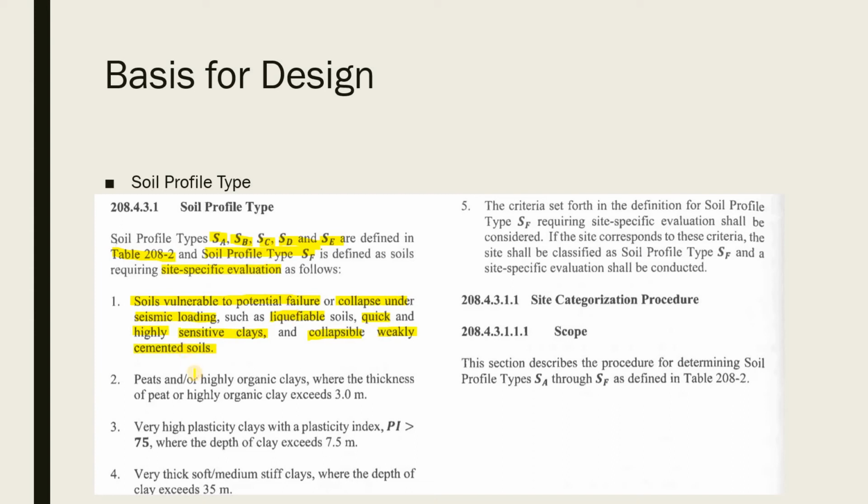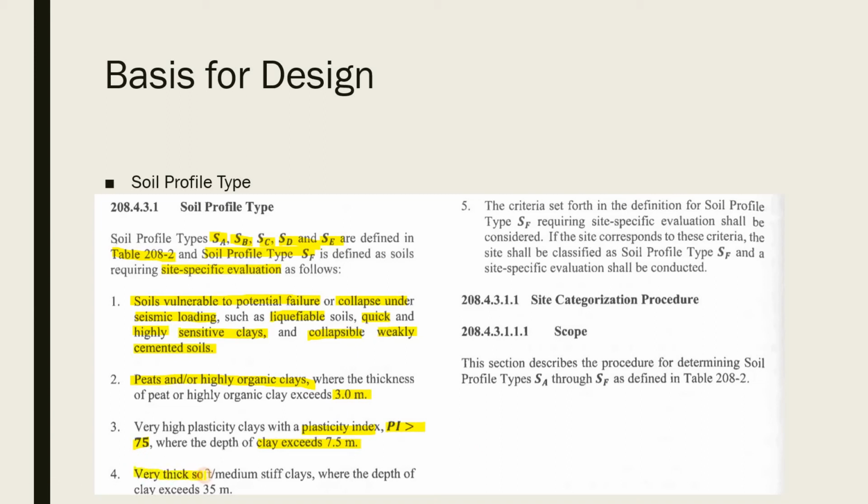Okay, next. Peats and or highly organic clays where the thickness of peat or highly organic clay exceeds 3 meters. Ano pa? The plasticity index PI is greater than 75 where the depth of clay exceeds 7.5 meters.